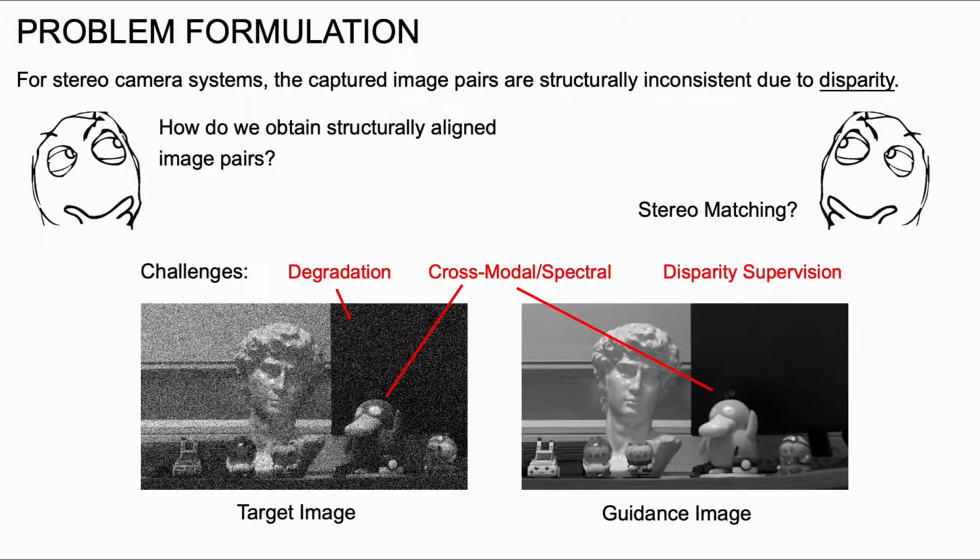Therefore, one straightforward solution is to register the input image pairs using stereo matching techniques. However, it's quite challenging to obtain accurate disparity estimation in the case of noise contamination, not to mention that the paired images can have different modalities. Obtaining a large number of ground truth disparities for supervised training is also a quite heavy work.